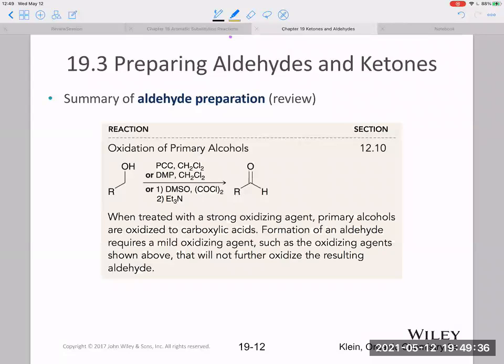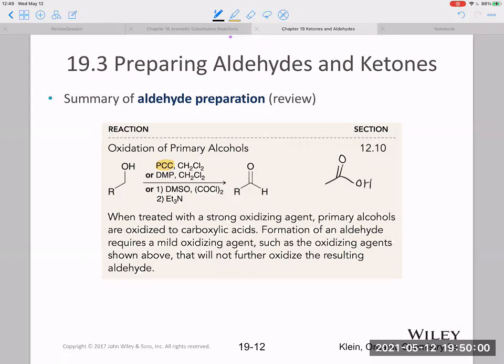If you have a primary alcohol, remember you need one of those softer oxidizers. You can't use the chromium-based ones. And so PCC is by far the most popular. If I had to make a bet as to which soft oxidizer was going to be on the ACS exam, I would say PCC.